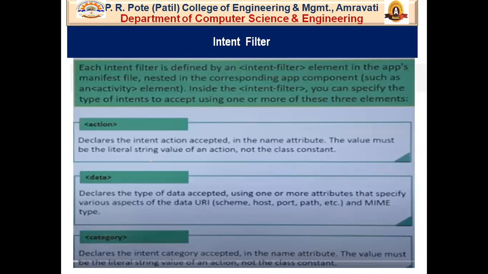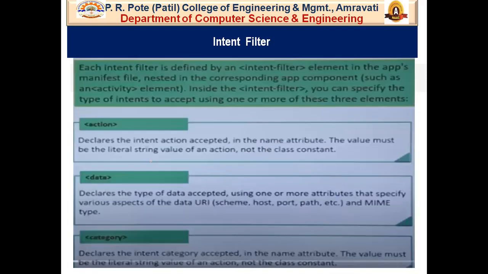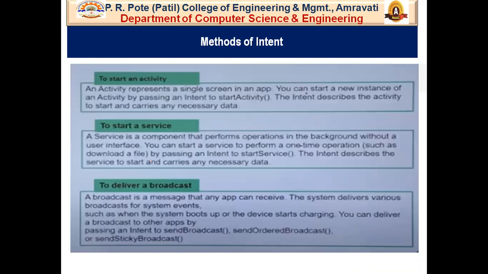We will have an activity and another activity, and we will transfer from one activity to another, passing the data, and also working with predefined or explicit intents. So this is about starting an activity, starting a service, and delivering a broadcast.